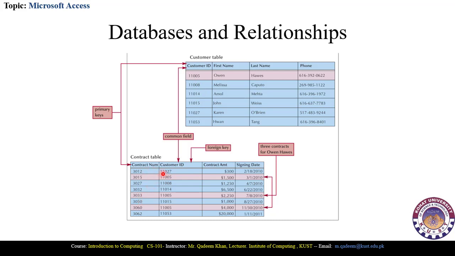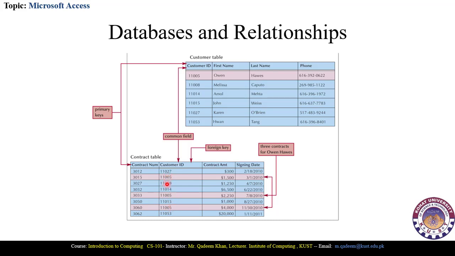But when we use this primary key in another table, it is then called a foreign key, and it can be replicated in this other table. For example, you can see that 11005 is in this attribute, and it appears again in this particular record, and here again.